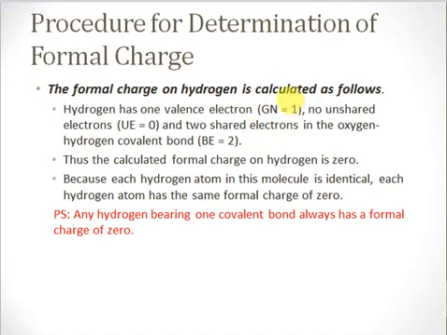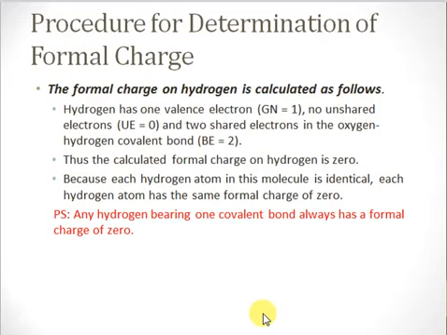So the formal charge for hydrogen will be equal to 1, that's the group number, minus 0, since the number of unshared electrons or lone pairs is 0, minus half of the 2 shared electrons, that becomes 1.